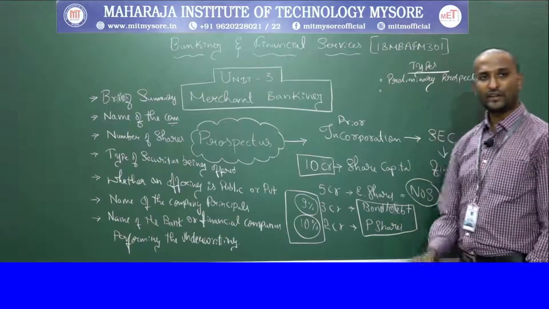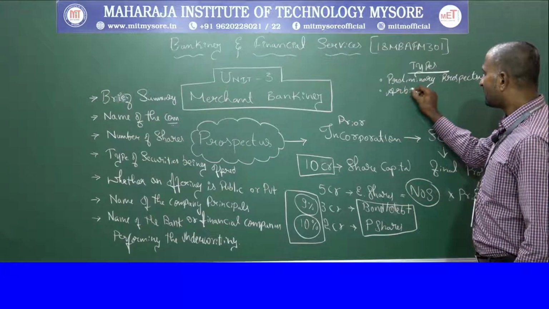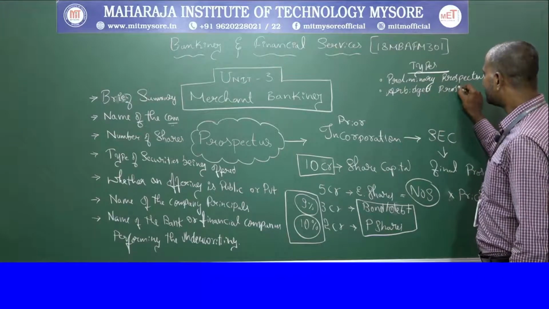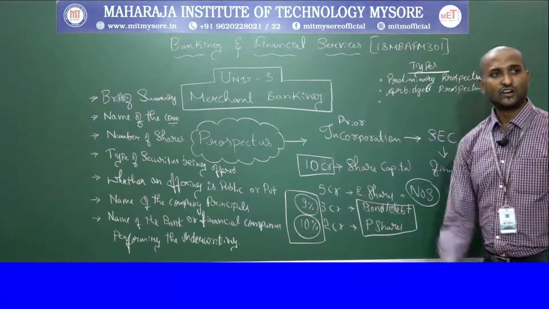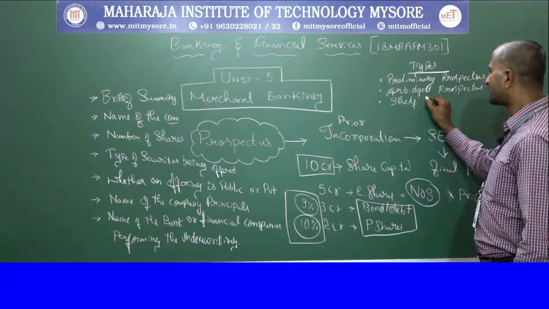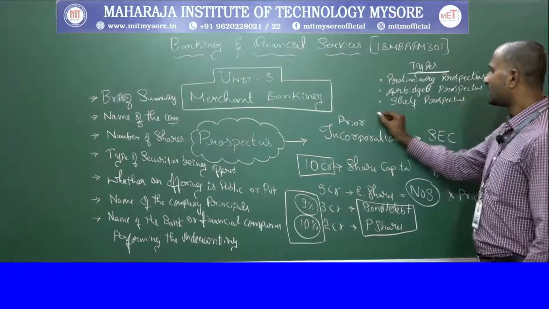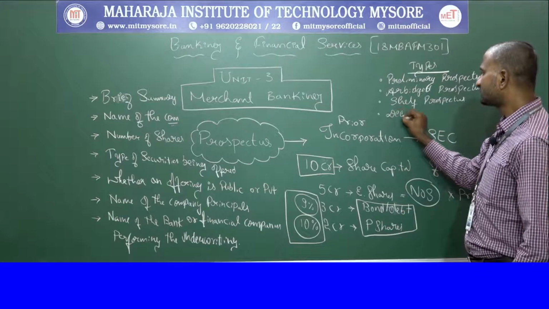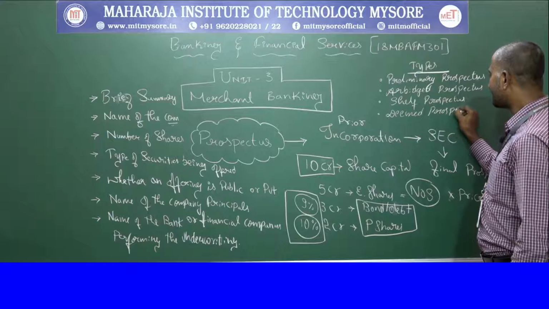The second one is arbitrage prospectus, the third one is shelf prospectus, and the fourth one is deemed prospectus.